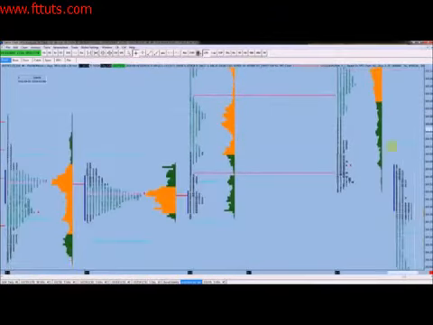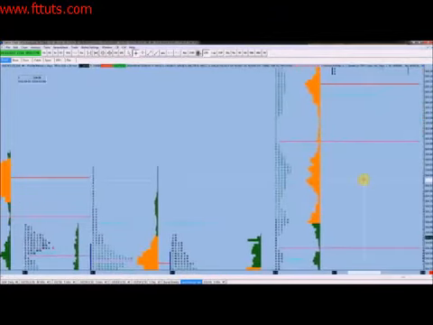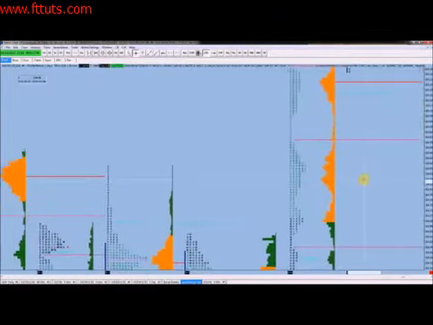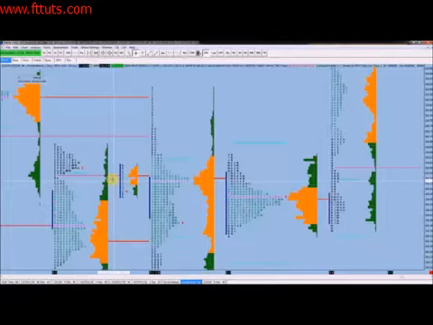I need one where it's moved away quite significantly. Okay, so here PPI is reported at -4% year on year, and you can see we've opened with a very small gap. I might just put a split in there. This is where we've come in. The market's gapped lower at 53.